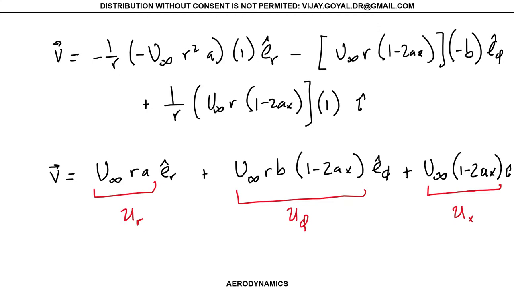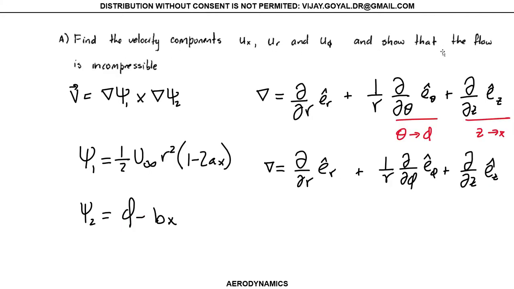Now, the second question that the problem is asking, if you go back to the problem, is show that the flow is incompressible. So to show that the flow is incompressible, all we need to do is take, if you remember, the divergence of v, or the velocity.